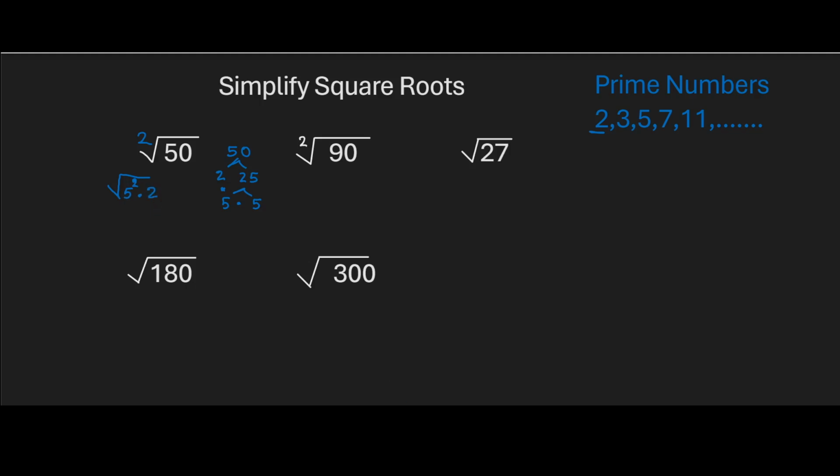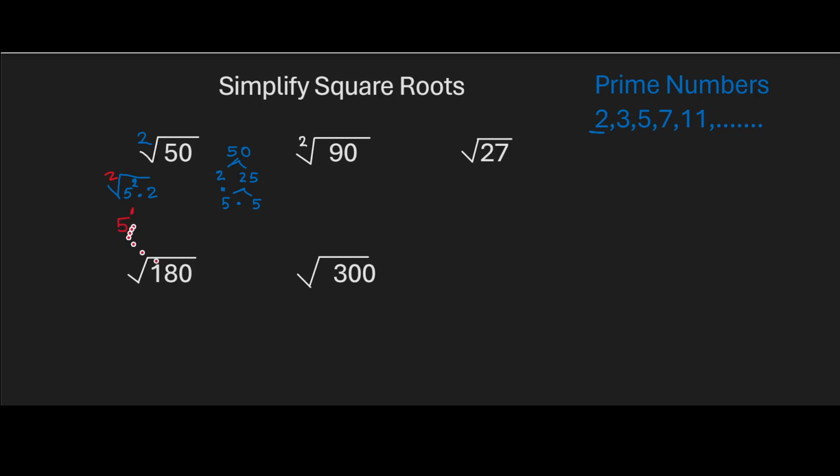The reason why I needed this as a number to the second power is because if I can divide the exponent by this number 2, then this number 5 is going to be outside the square root. The reason is they cancel each other out. So in that case, 2 divided by 2, you get 5 to the first power.